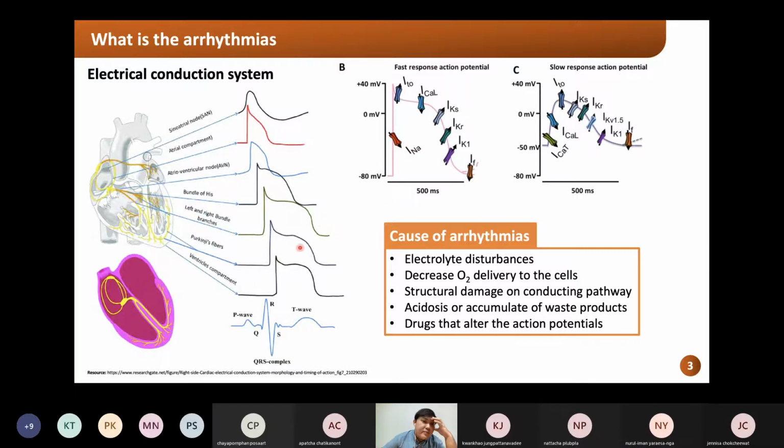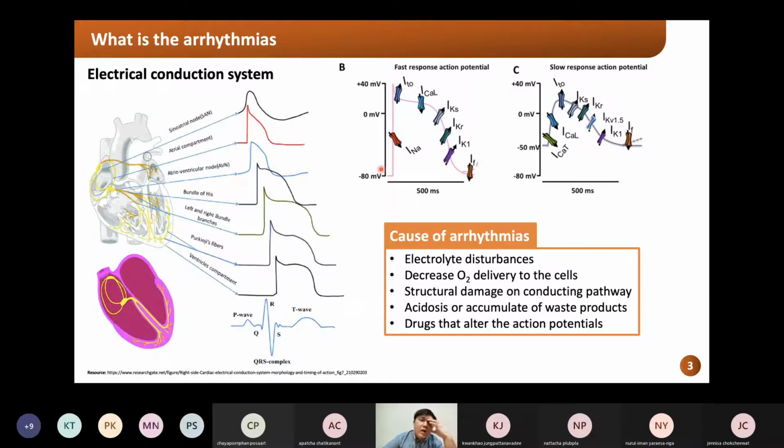The electrolyte related to this fast response action potential is sodium. When the sodium channels open, sodium from the extracellular space flows into the cell, right, and it causes rapid depolarization, and the cell membrane potential becomes more positive rather than negative.